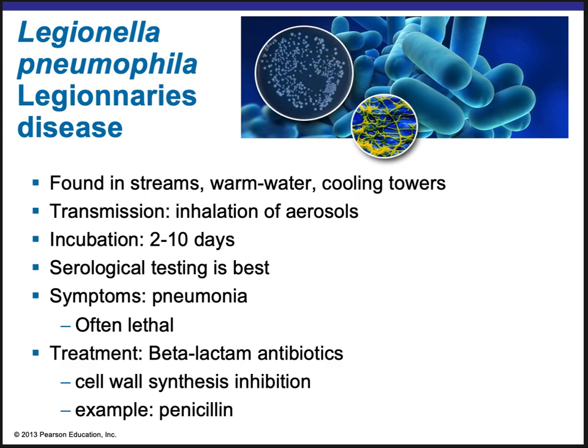So penicillin is a beta-lactam antibiotic. It targets the cell wall, the synthesis, the linking of the cell wall. So the cell wall becomes weak and then it lyses open under the normal osmotic pressure. Okay.